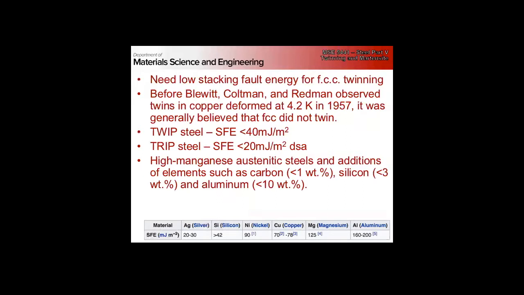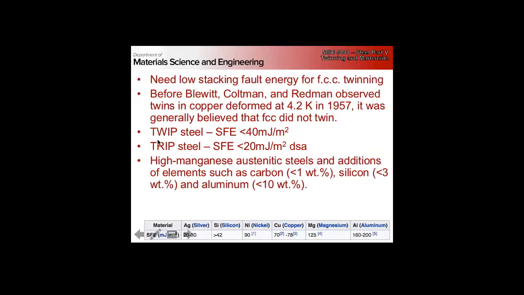Okay, so we need a very low stacking fault energy for FCC. Prior to 1957, there were people who said that FCC metals didn't twin, didn't undergo deformation twinning, right? But in 1957, deforming copper at liquid helium temperatures, you got a bunch of twins. Since that time, people have been able to play with alloy compositions, and we now have a whole bunch of FCC metals that twin.